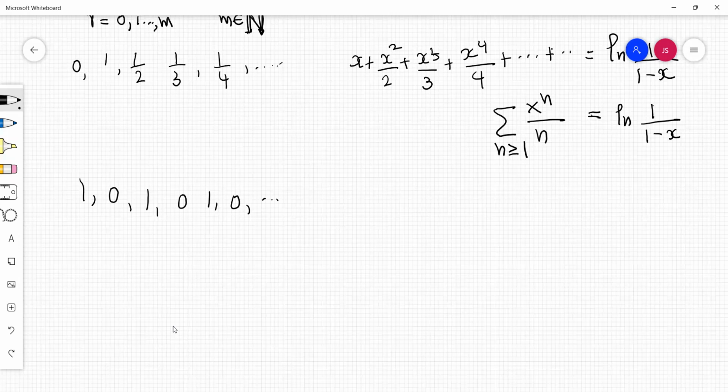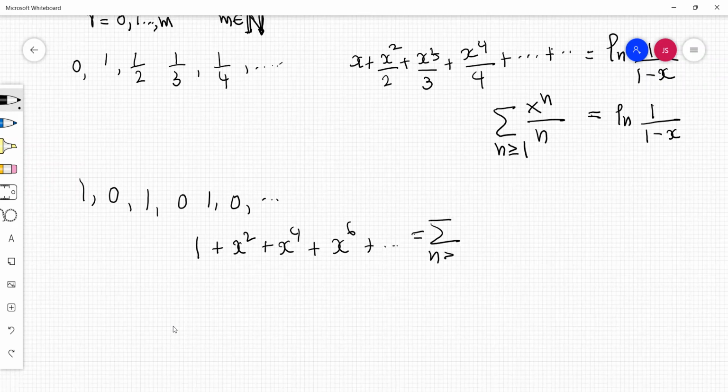As a power series it is 1, the coefficient of the x term is 0, then x squared, x to the fourth, x to the sixth, and so on. Or in compact notation, the sum over n greater than or equal to 0 of x^(2n).